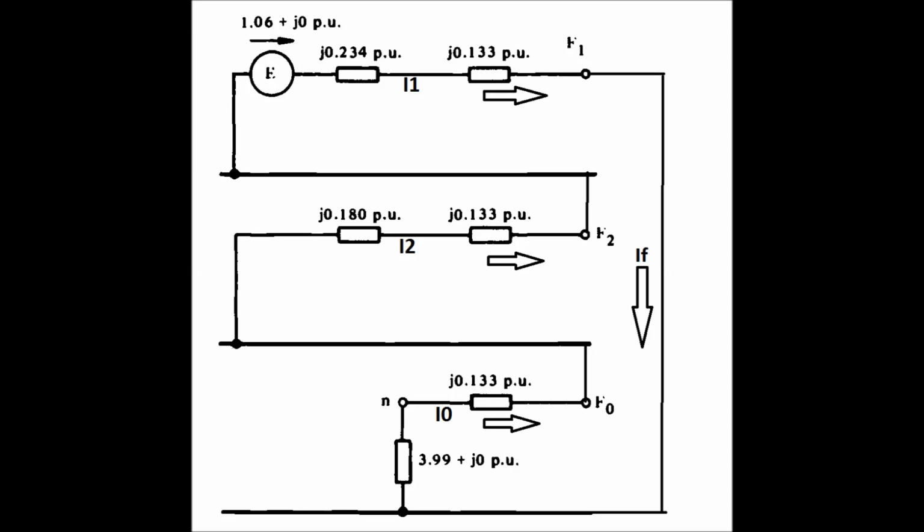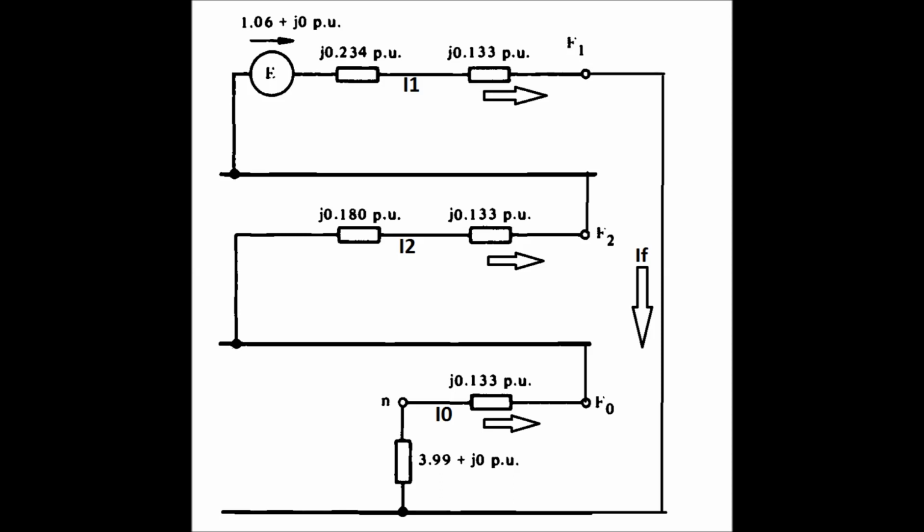Since it is a single line to ground fault, the positive sequence component of the current is equal to the negative sequence component and equal to the zero sequence component of the current, that is I1 is equal to I2 is equal to I0.